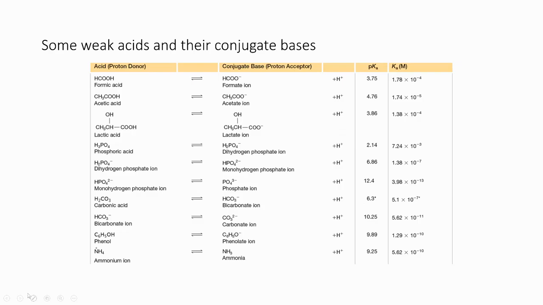Here are some weak acids, and I want to highlight some things, but I believe I put it on the next slide with a little bit more room. So these are some common biochemistry acids with their pKa's and Ka's listed.